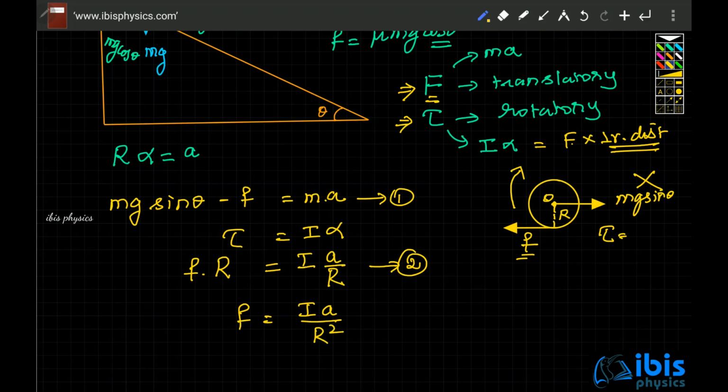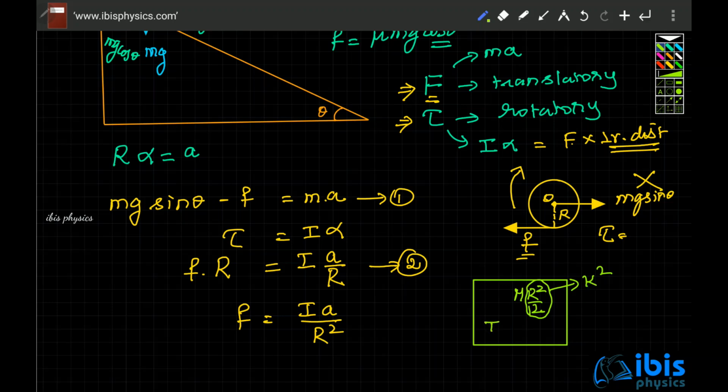And one thing you should know here is that for any object, suppose you take a sphere or a disc, the moment of inertia of a disc is mR square by 2. Apart from m, whatever remaining is there, we call k square, where k is called the radius of gyration.